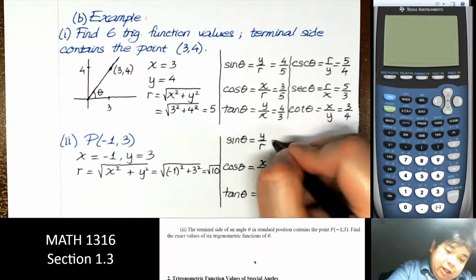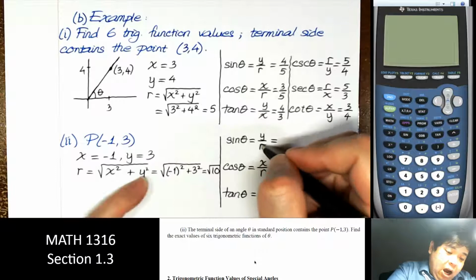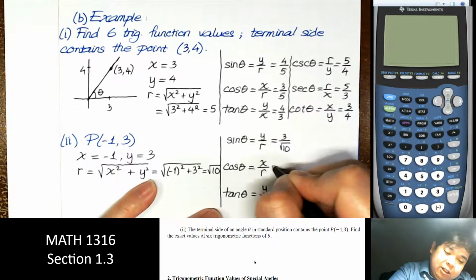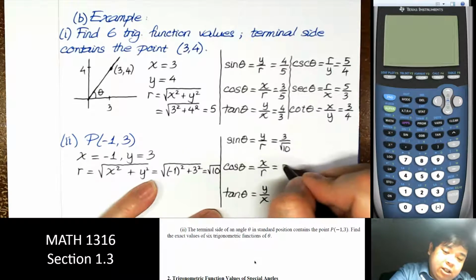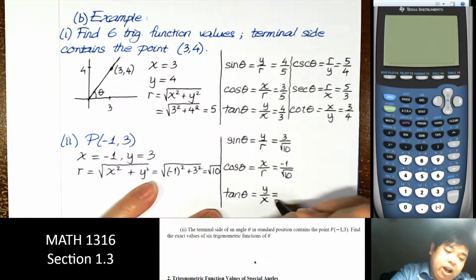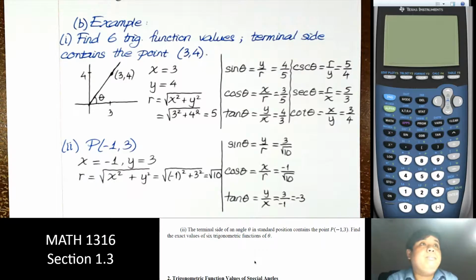Right. y over r, 3 over square root of 10, x over r, negative 1 over square root of 10, y over x, 3 over negative 1, which is negative 3. Right.